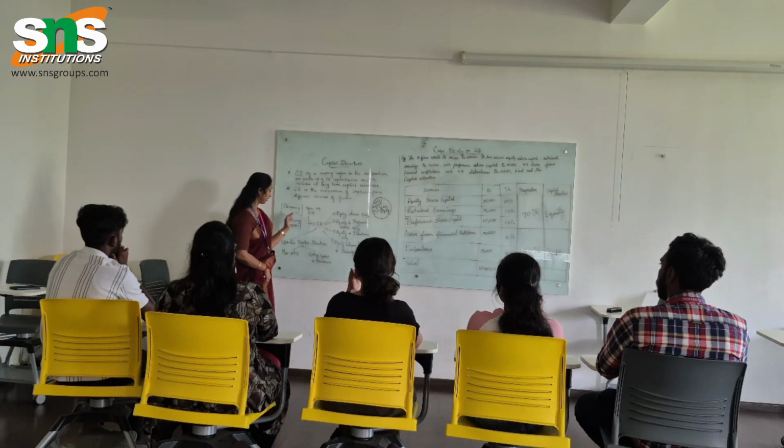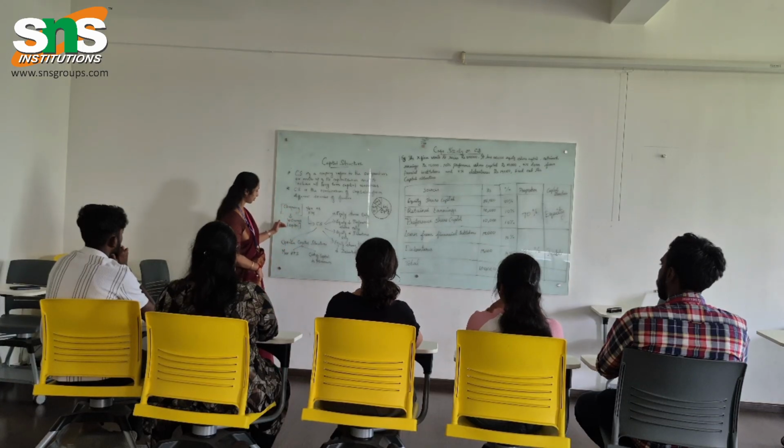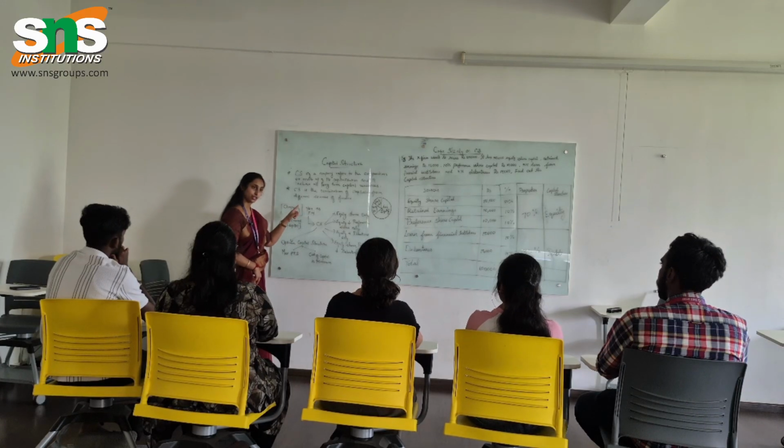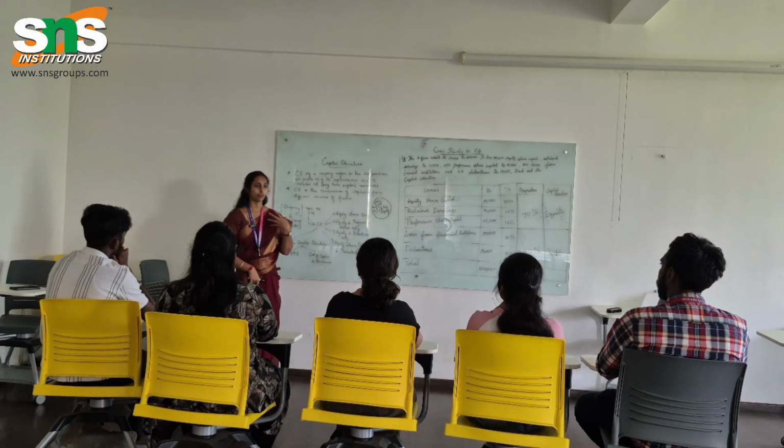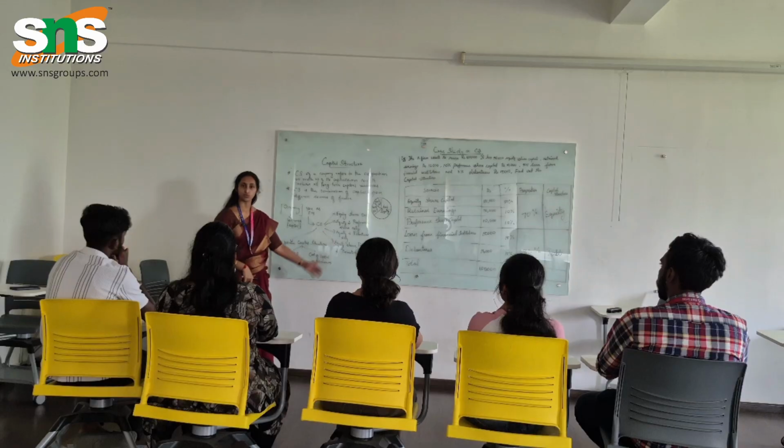See here, a simple example: you are starting a company where you need around 10 crores as your capital. As a financial manager, you need to decide which capital structure will be suitable for you.